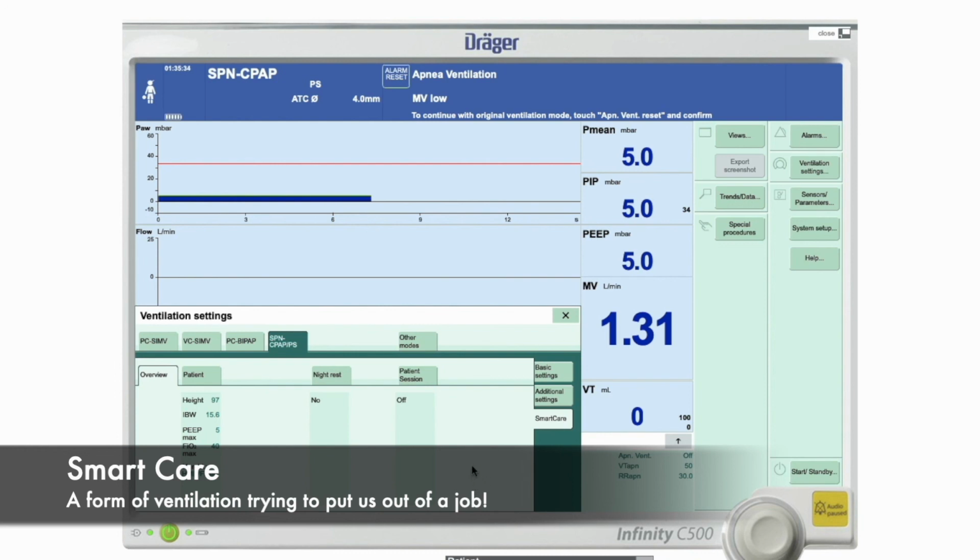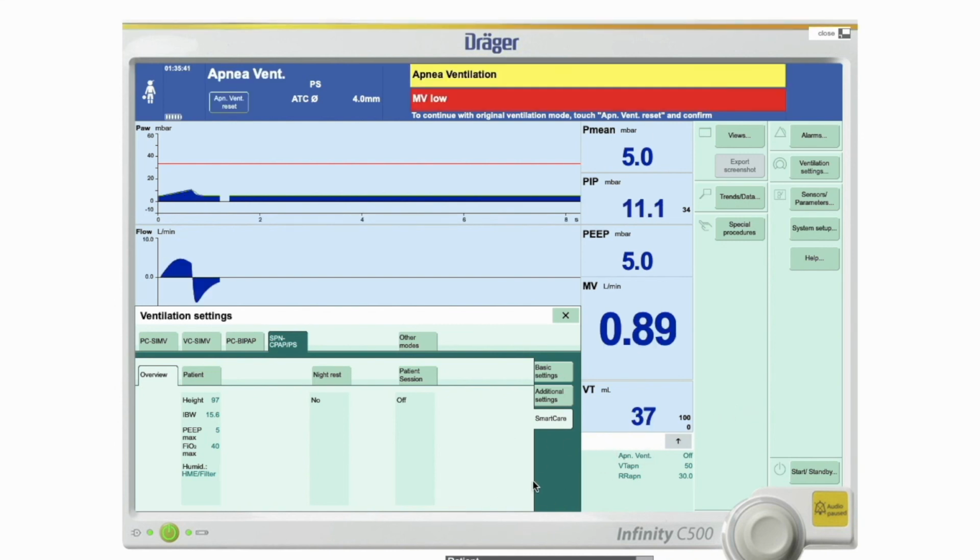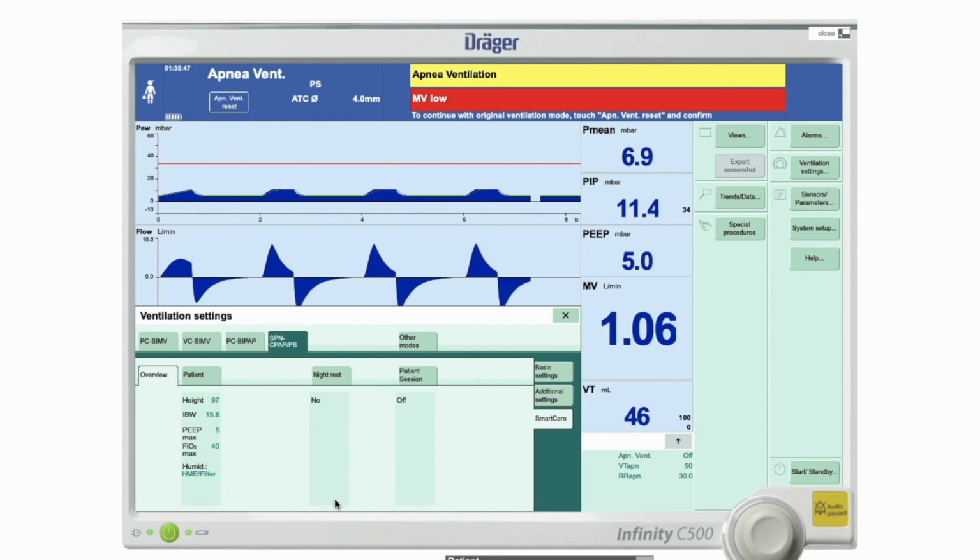What it does, it knows what all the volumes are, and the end tidal CO2 needs to be fed into it. So it knows what the end tidal is, it knows what the FiO2 is, and then based on that, it decides how much pressure this patient needs. There's good evidence for its use in adults. There's no evidence for its use in children, so therefore I tend not to talk too much about it.